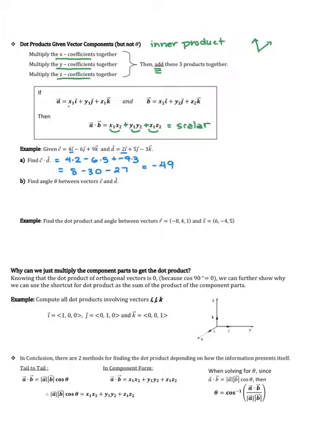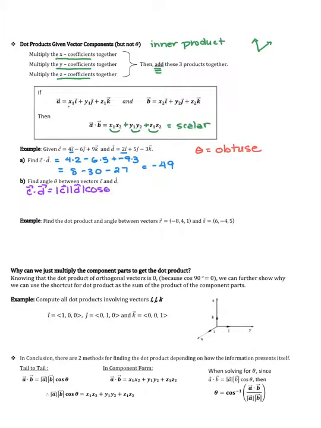It's a scalar. And what you should notice from what we did in the previous one, we expect theta, the angle between them, to be obtuse because we got a negative dot product. So let's actually find theta between them. How do you find the angle between two vectors? Well, we're going to look at our first definition of the dot product, which was the product of the magnitudes times the cosine of the angle between them.